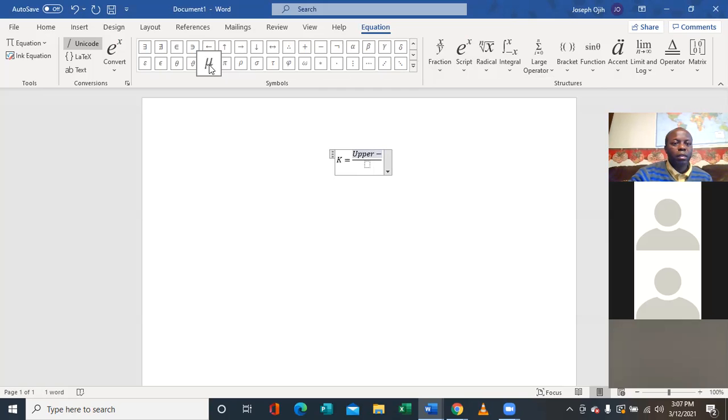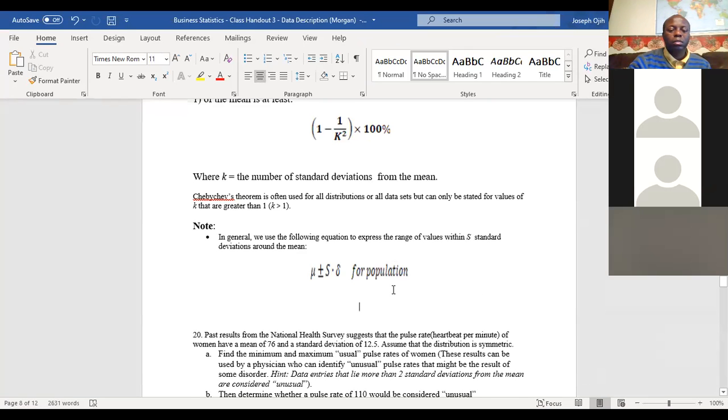Yep, right here, divided by the standard deviation, which is right here. Now, this is for the population. You can also use the lower end minus the mean divided by the standard deviation. Either one will still give you the same results. So I'm going to paste it here.